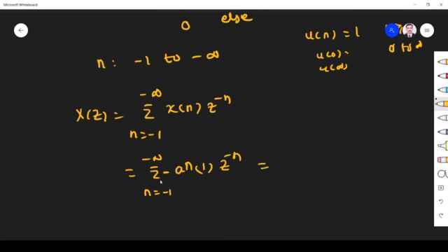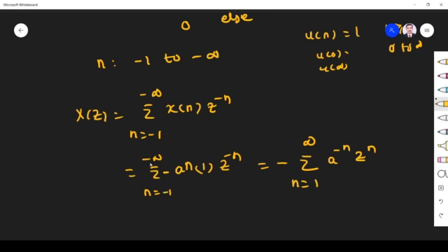So I have the equation for positive summation only, so I make everything positive. The negative becomes positive, so this minus will stay here. I take n as positive, so n goes from 1 to infinity. That means I multiply every n by −1. So this becomes a^(−n) and this becomes z^n.